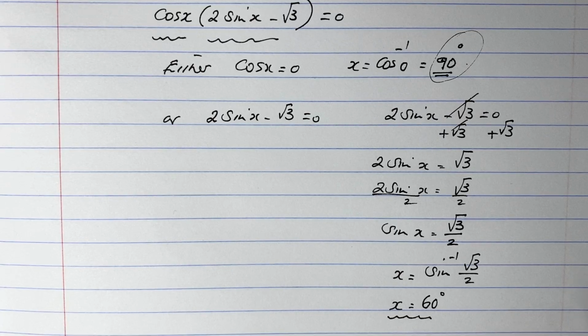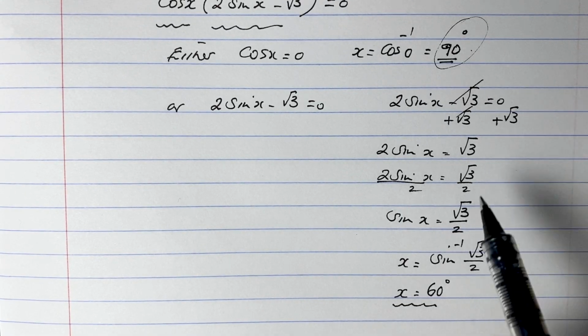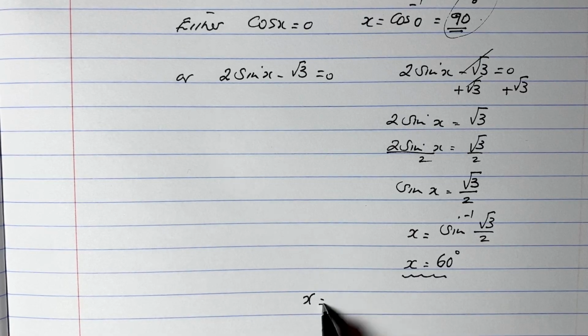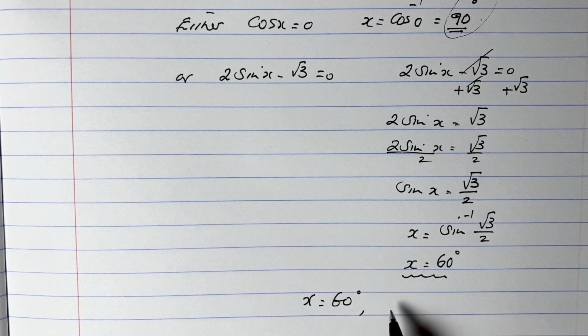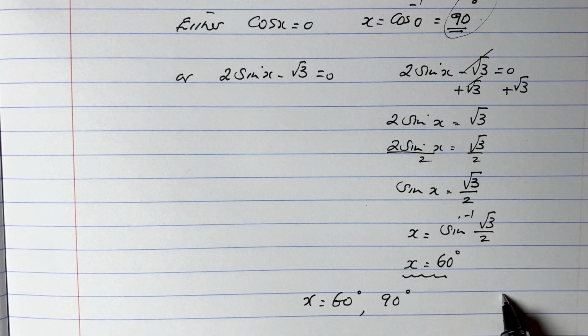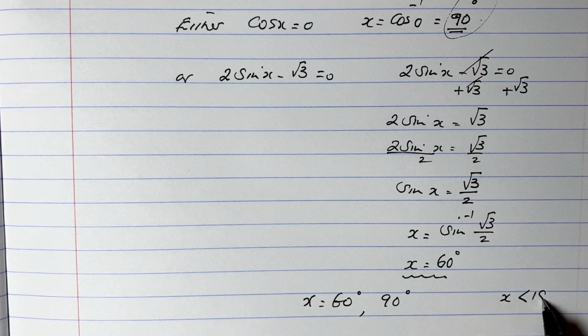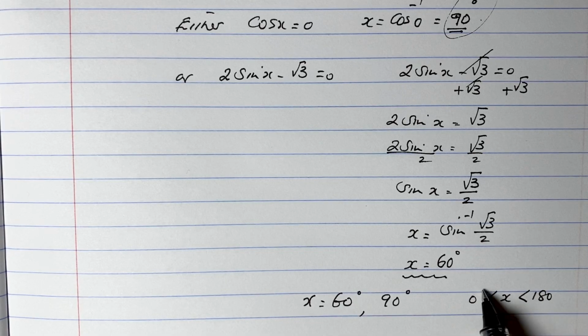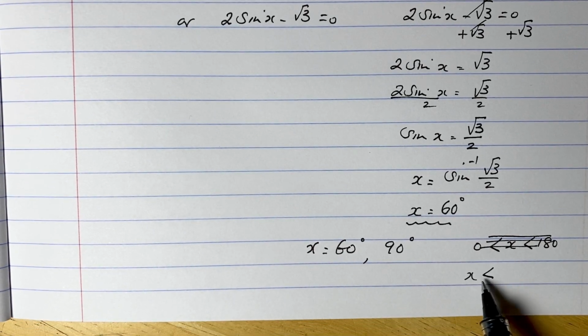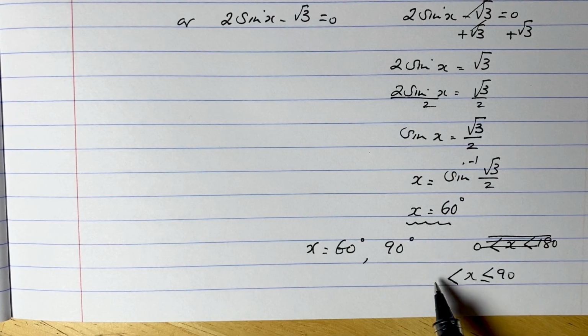So here, if we are talking about only the principal angles, x has two values, 60 degrees and 90 degrees. If we are going for the values of x between 180 and 0. Actually, no, because there would be more solutions there. X between 90 and 0.